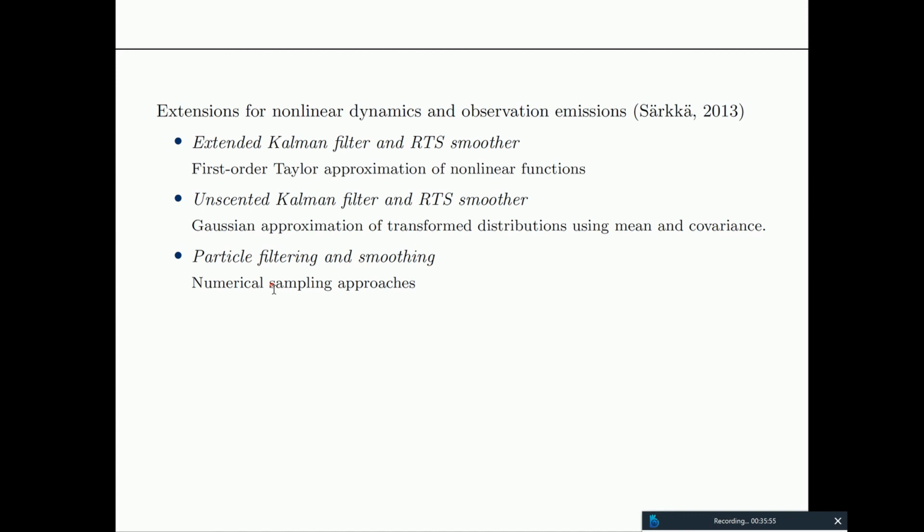If you transform a Gaussian by a linear transformation, you get again a Gaussian. This is what the joint Gaussian distribution theory says. But if you transform a Gaussian by a nonlinear function, you don't necessarily get a Gaussian anymore. What the unscented Kalman filter then does is to do this for a number of points, and then approximate the transformed distribution by a Gaussian, by evaluating expectation and covariance.